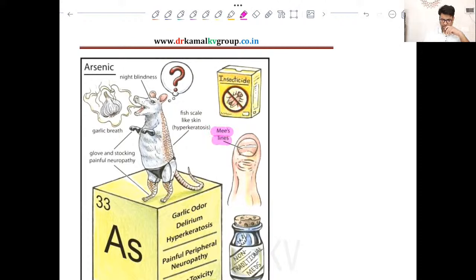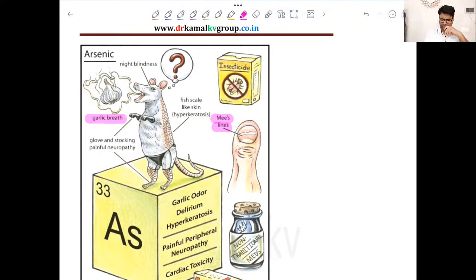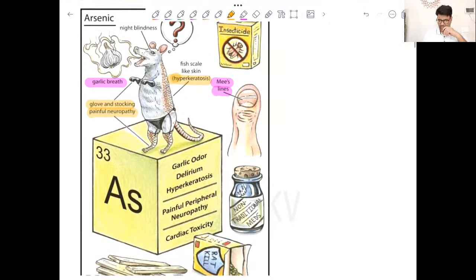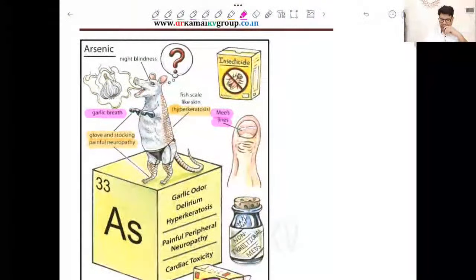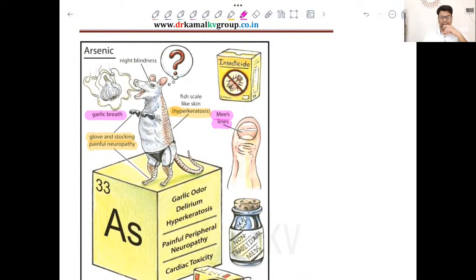Then we can see garlic breath, right? Then there can be neuropathy, and hyperkeratosis. There can be raindrop pigmentation. So these are some features, and of course this is one agent which is used as rodenticide, and therefore you have this picture of a rat.